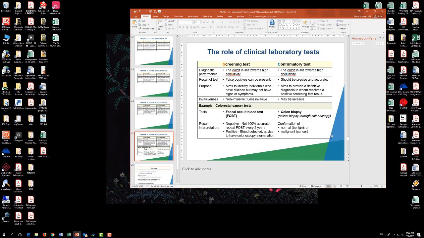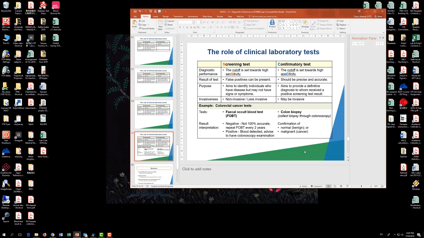And during the colonoscopy, if any polyp or abnormal condition is found, the physician will collect a colon biopsy, taking out the polyp or a piece of tissue during the colonoscopy. It is sent to the cellular pathology lab to confirm whether it is a benign case, that means normal, or a malignant case.